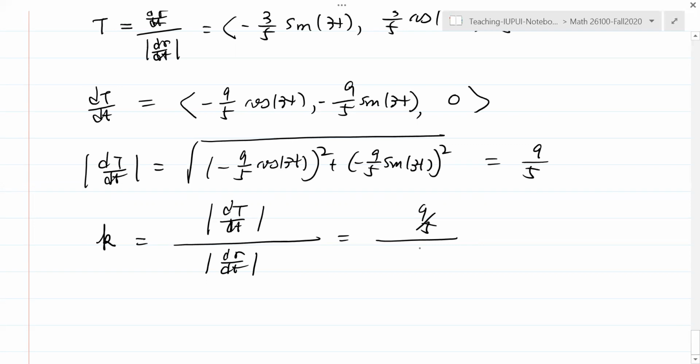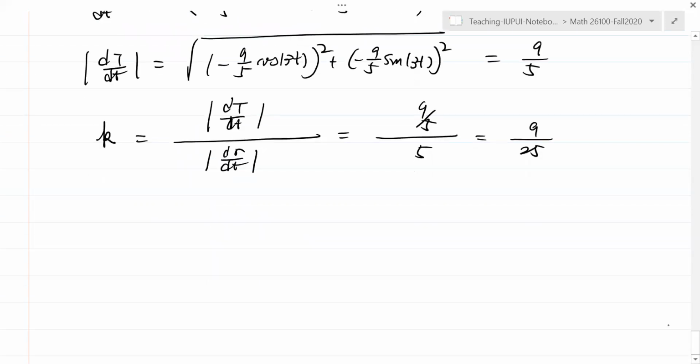Remember that. The length of the tangent vector at each point is 5. So we end up with 9 over 25. It's constant. So that means the curve is curved evenly at every point, which is a constant curvature.